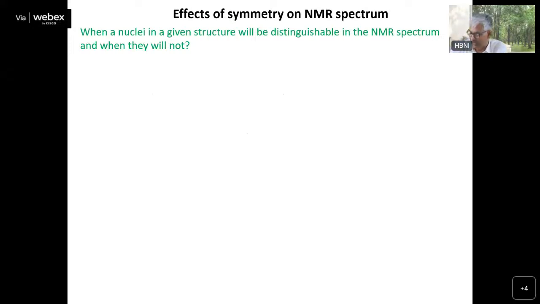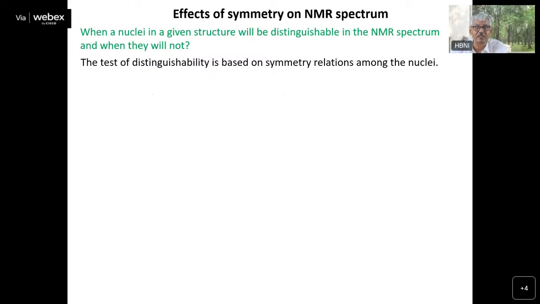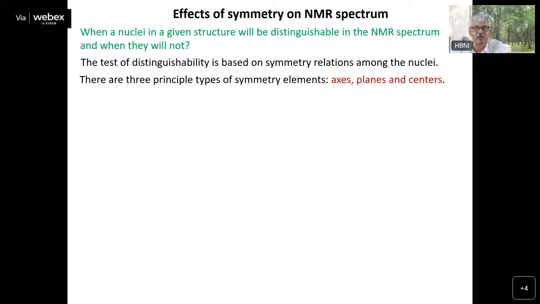To test distinguishability, it is based on the symmetry relations among the nuclei. You must have studied symmetry in group theory during your chemistry courses. There are three principal types of symmetry elements: axis, planes, and center.